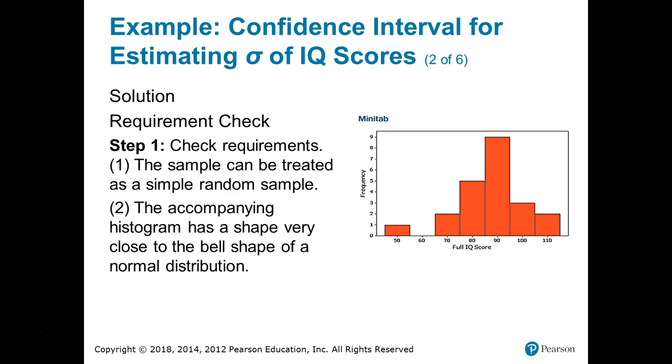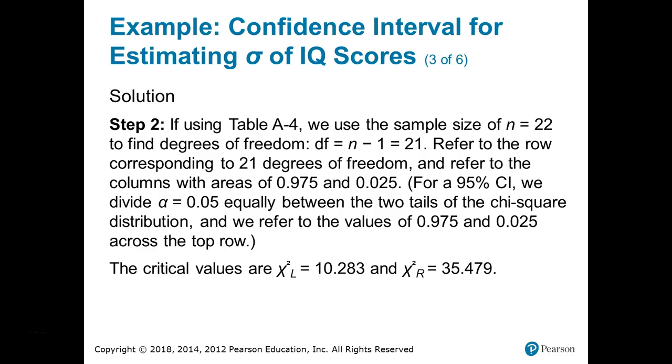So how to solve it? Step 1, check the requirements. The sample is treated as a simple random sample. 2, the accompanying histogram has a shape close to a normal distribution, so yes, we will say that the requirement check is satisfied. Step 2, use Table A4.